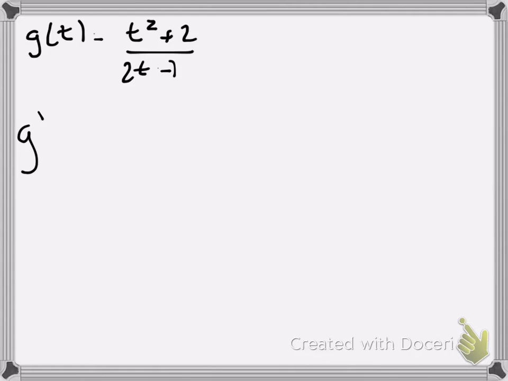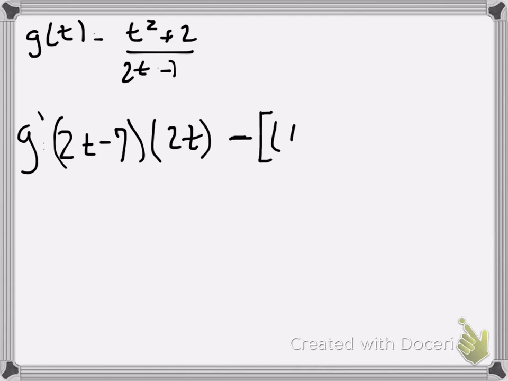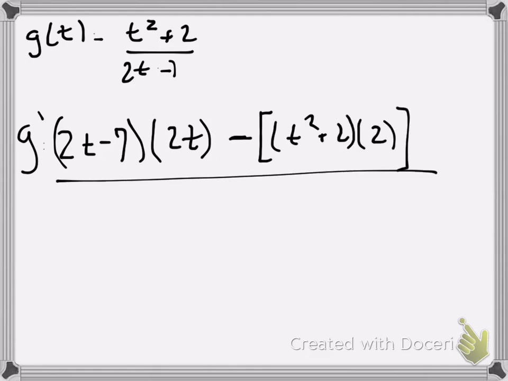Okay, so we do low, which is 2t minus 7, d high, which is 2t, minus high, which is t squared plus 2, d low, which is just 2, square the bottom, 2t minus 7, and away we go.